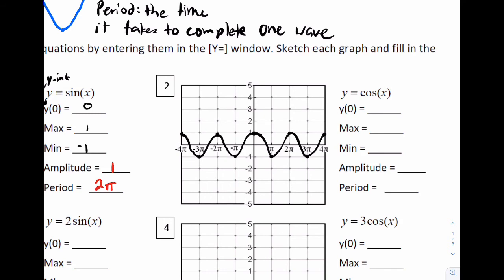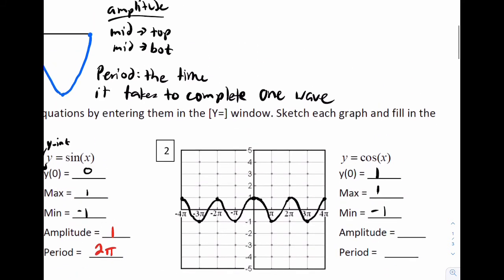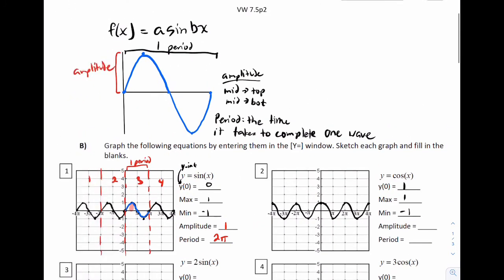So we have our complete graph here. Our y-intercept, we can look right there. That is 1. The max is 1. The min is negative 1. Now for amplitude and period, let's go back up to our note section. Let's talk about f of x is equal to a cosine bx.